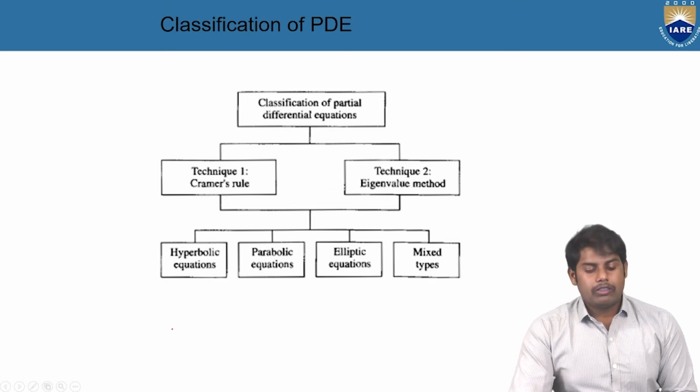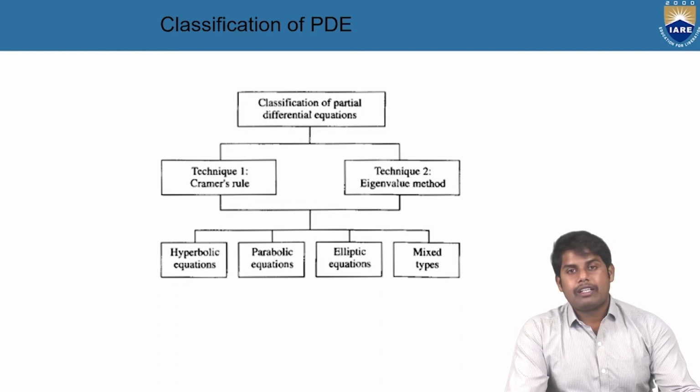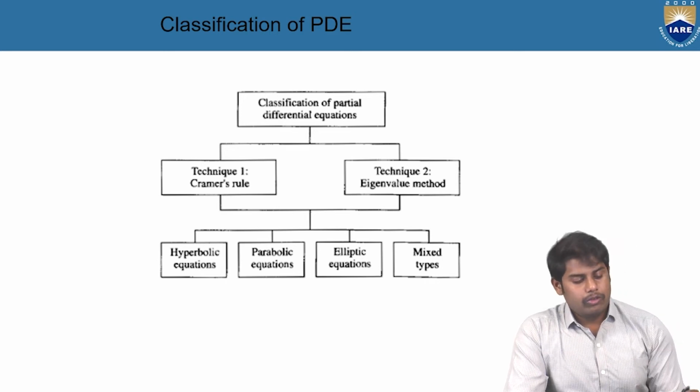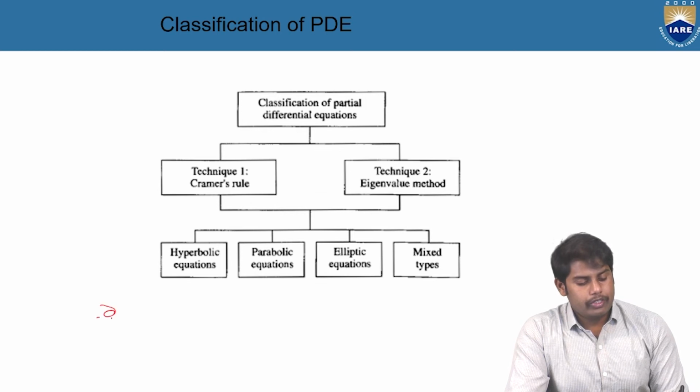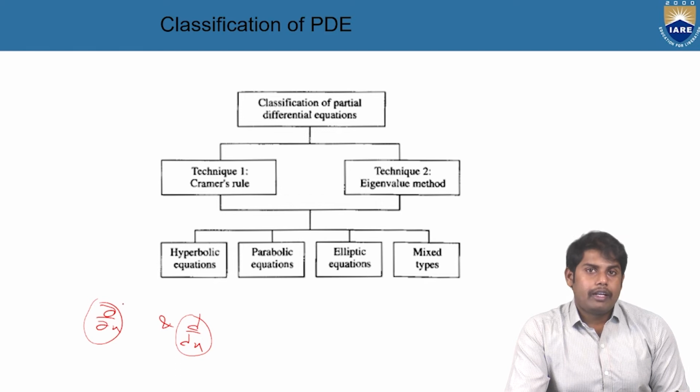So with these aspects, we will see the classification of PDEs. Basically, the difference between a partial differential equation and an exact differential equation: let's say you are using ∂/∂x and we have d/dx. The difference between ∂/∂x and d/dx is that we have dependent variables and independent variables.